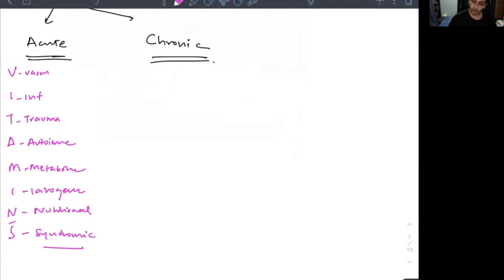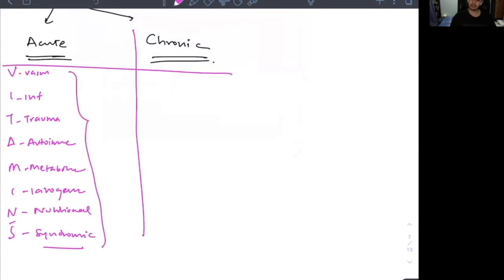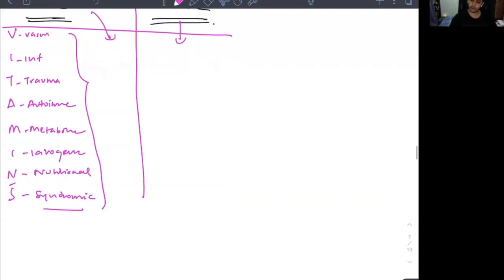Now, in all of this, there may be some acute causes and some chronic causes. So the way that you think about this as you go forwards is, one, is it acute or chronic? And two, is it acquired or hereditary?